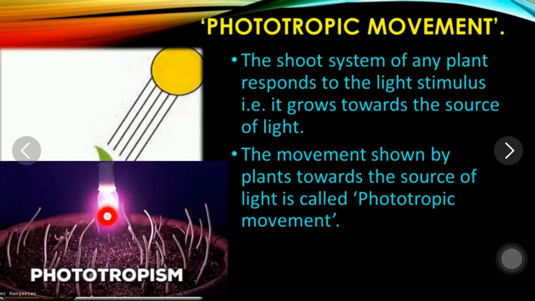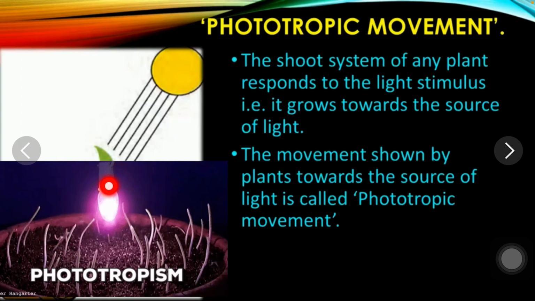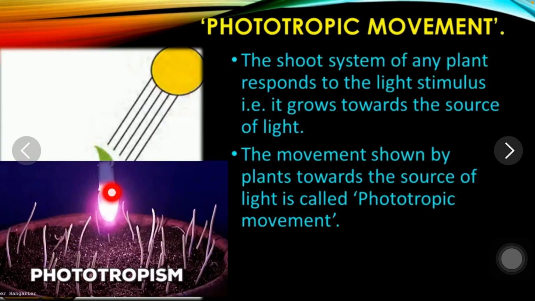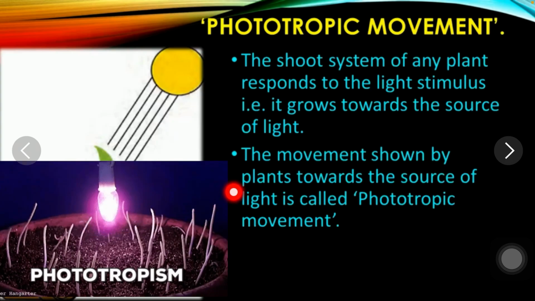As you can see in the image, there is a bulb, and these plants are responding towards the bulb, making a movement towards this light. Understood? It grows towards the source of light. So the movement shown by a plant towards the source of light is called phototropic movement. Photo means light.